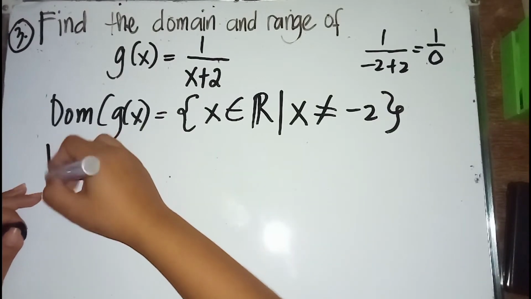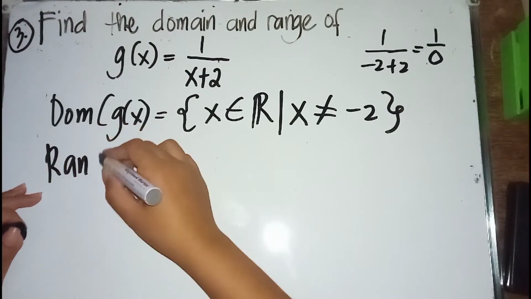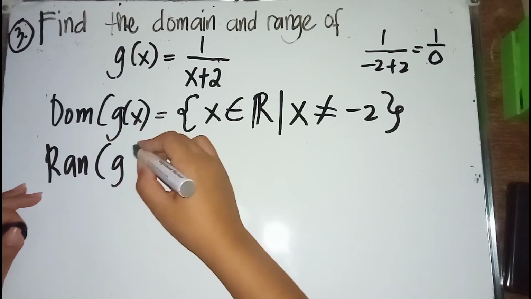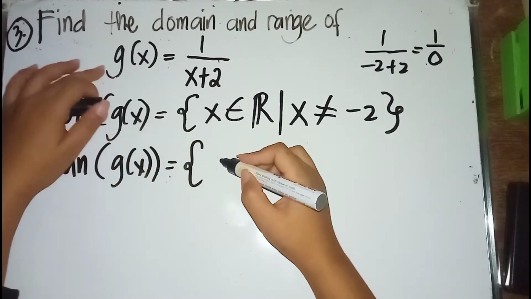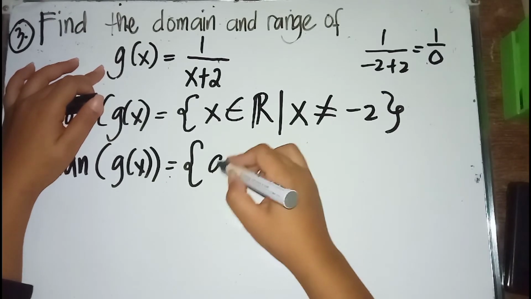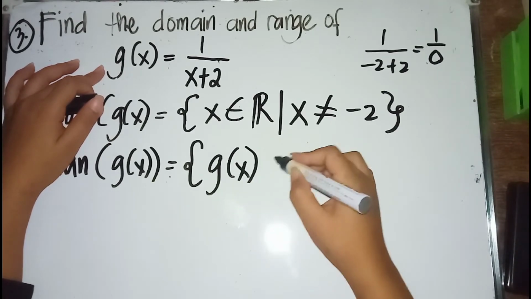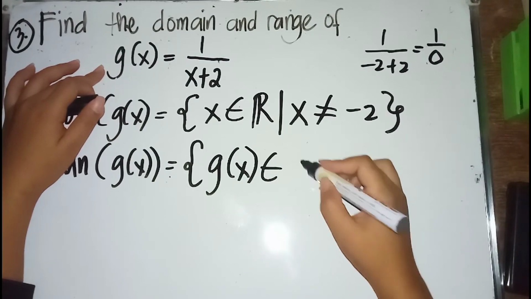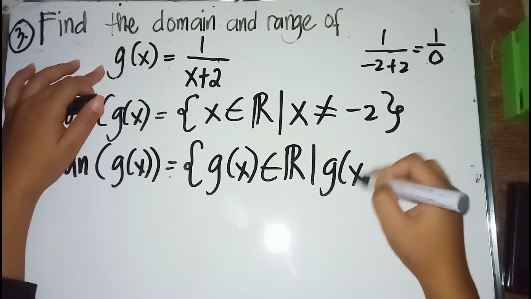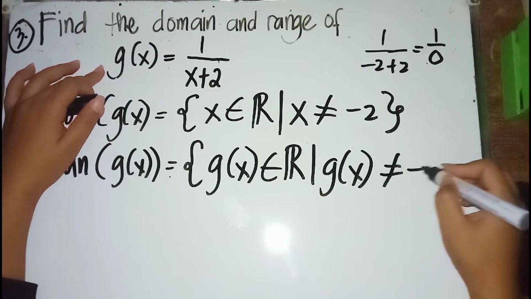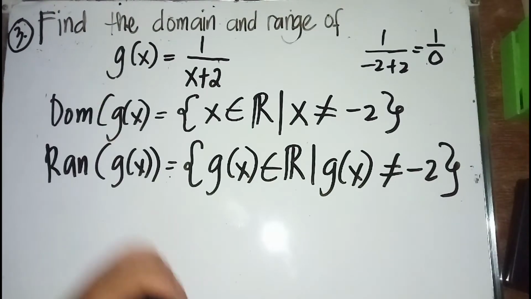And for the range of g of x, it is equal to our function, which is g of x, is a member of real numbers such that g of x must not equal negative 2.